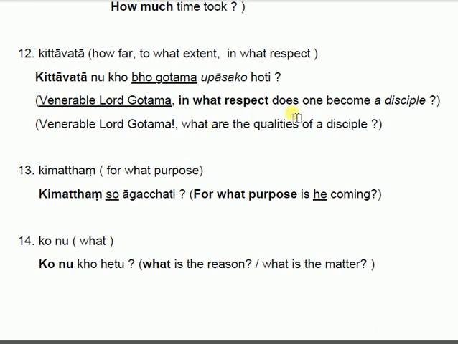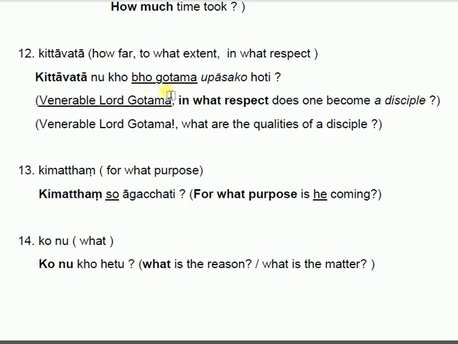In what respect does one become a disciple? Upasako means a disciple. In what respect does one become a disciple? Oh, Venerable Lord Gautama, what are the qualities of a disciple? This is what we are asking by this Pali sentence, this Pali question.